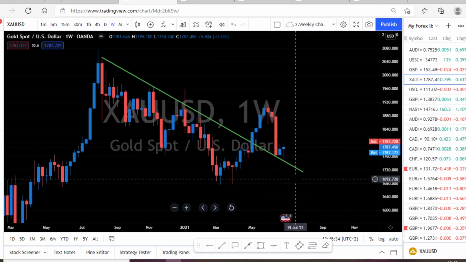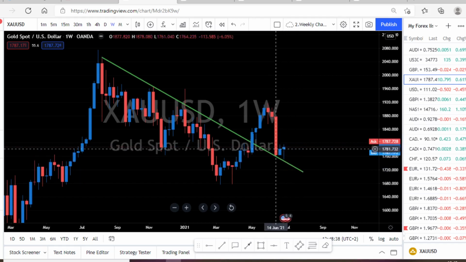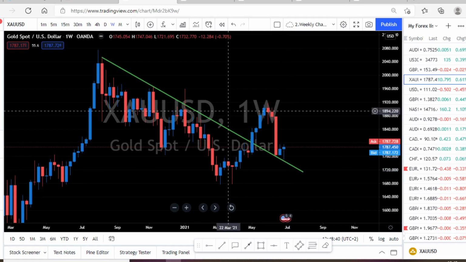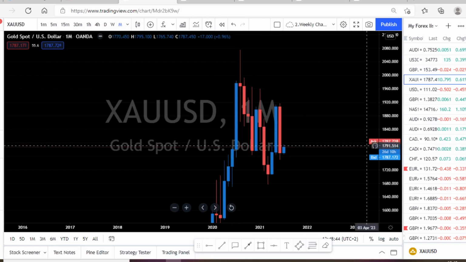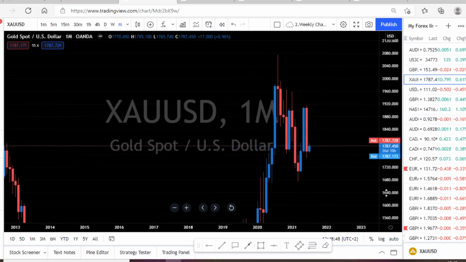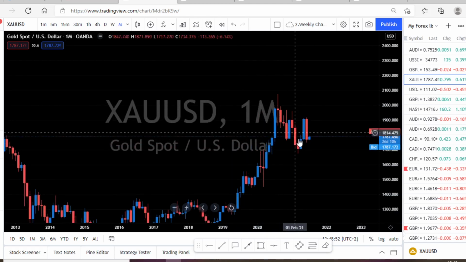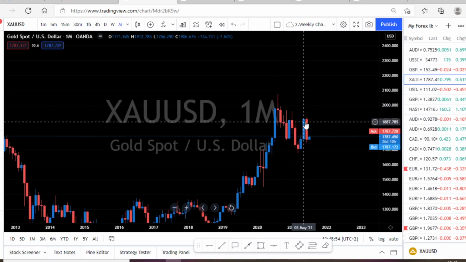Then let's go to the daily time frame to see more data. Oh, before, by the way, this is a new month. Let's just revisit the monthly time frame and see where we are. As you can see, on the monthly time frame, we are still trending up. We have this impulse leg, then we have this retrace, then we have this attempted impulse leg.